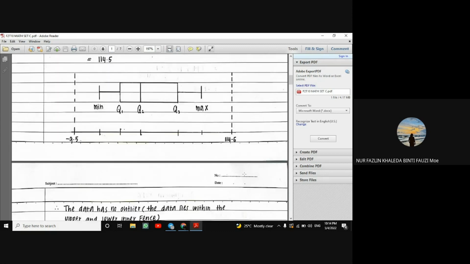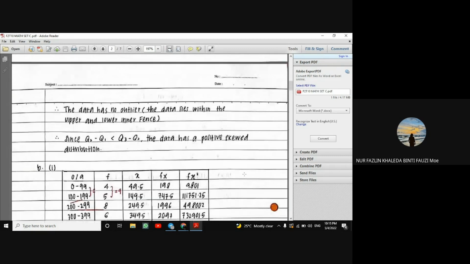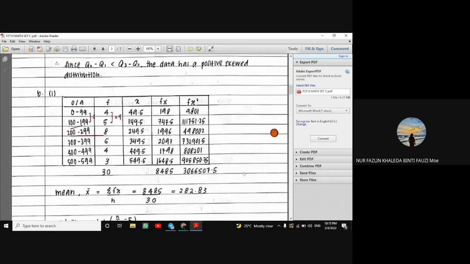We need to calculate the mean, mode and standard deviation for the data. Before we calculate, we make a table to analyze our data first. In the table, we calculate the midpoint, cumulative frequency, fx and fx square. Sorry to interrupt, may I know how to calculate the midpoint?